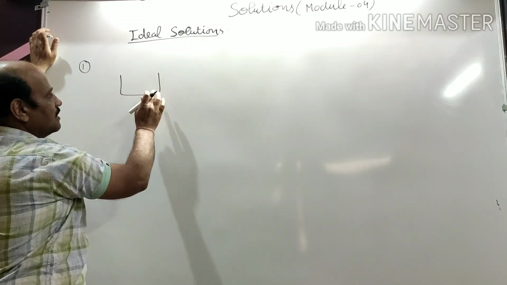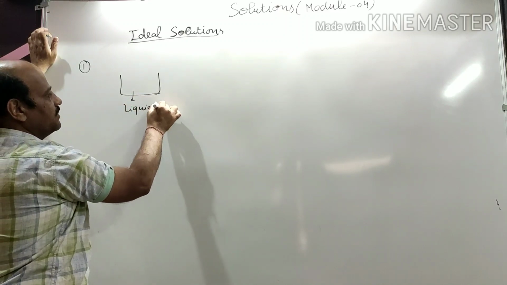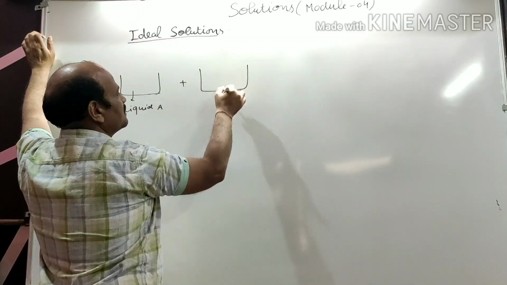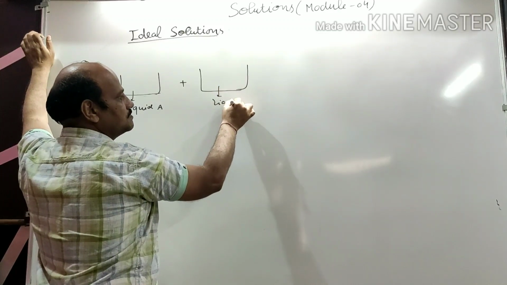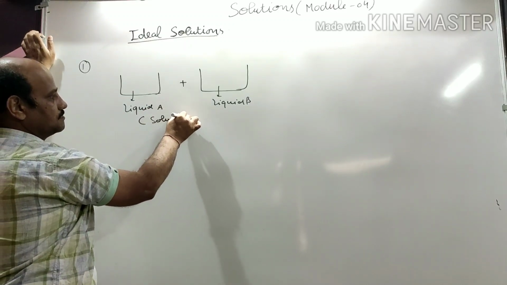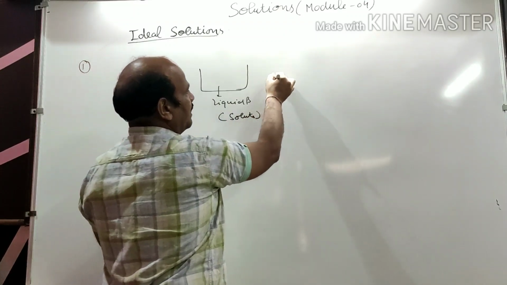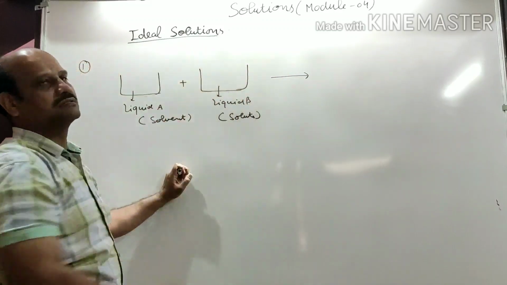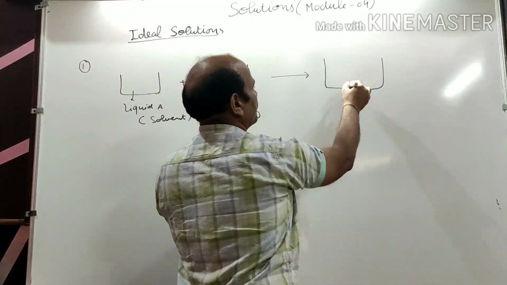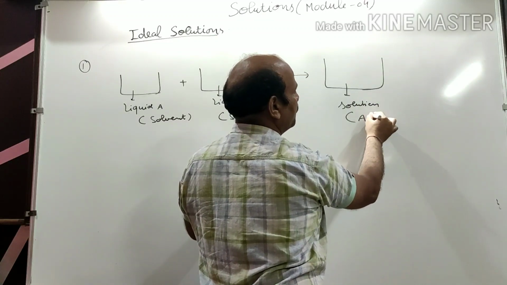I am taking here liquid A, and here liquid B. This is the solvent, this is the solute, and when they combine with each other, then a liquid solution will be formed, where both components A and B are present.